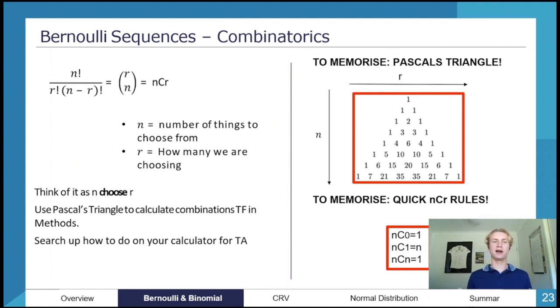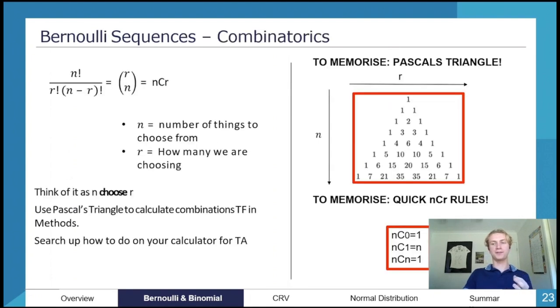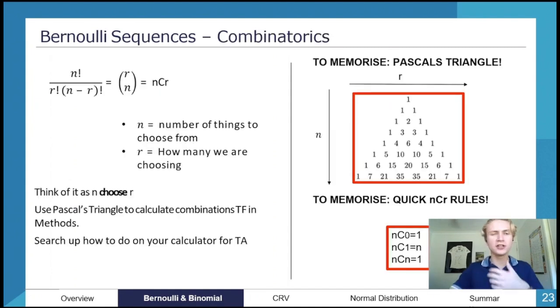But r is the x value, essentially. It's the value of x that we're looking for, the actual value that we want, whereas n is the total number of trials. And it's just multiplied out the front of this formula, which is kind of annoying. But as you see in questions, you eventually get used to it. The way to think about it for the order is n choose r.